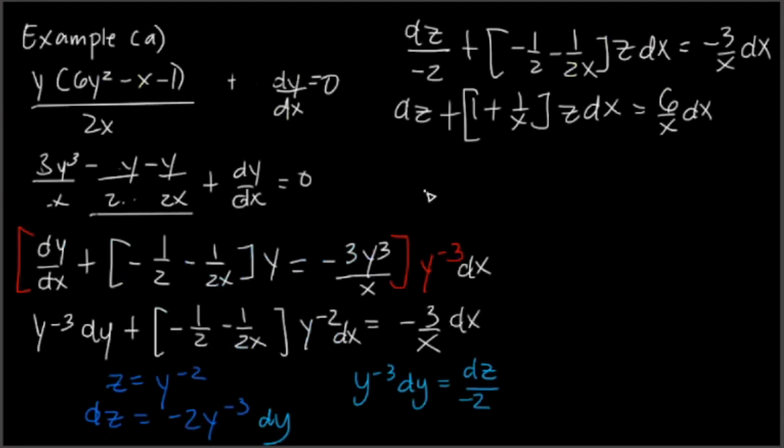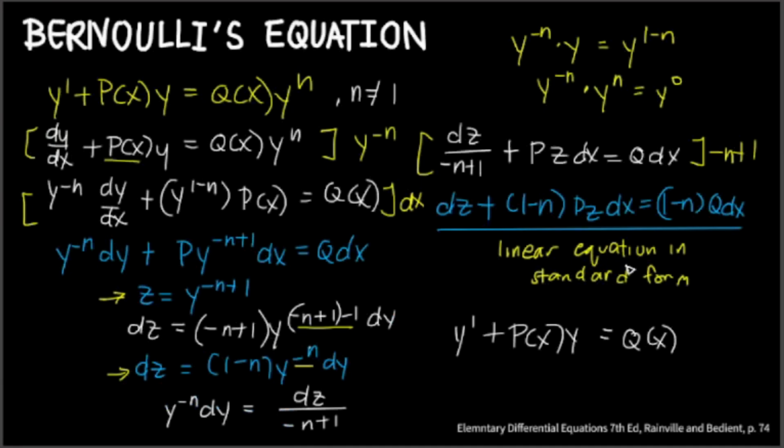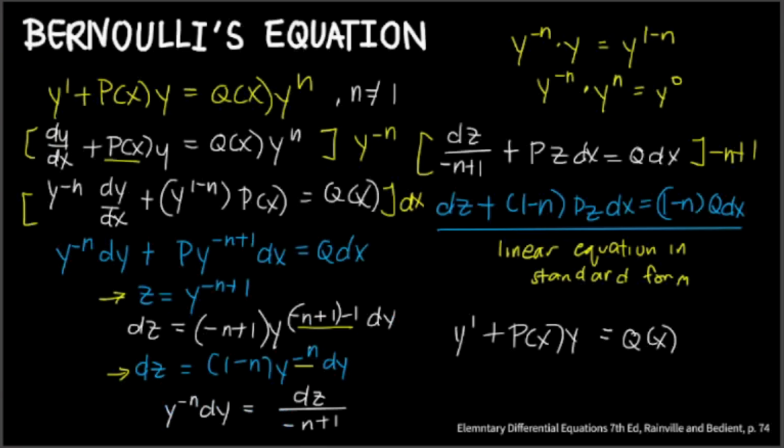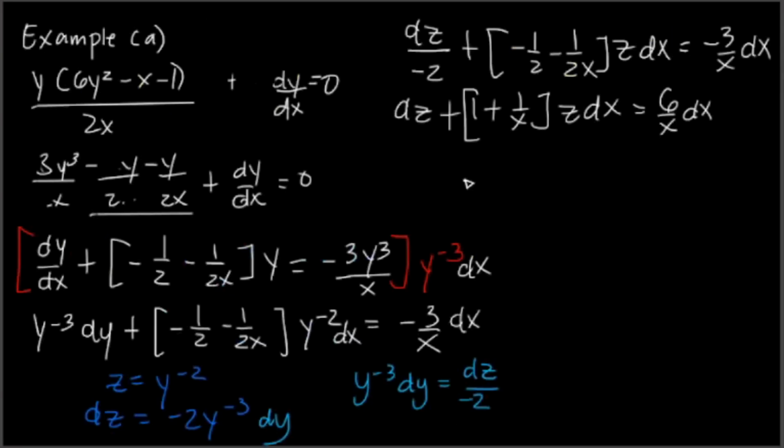So, next natin gawin is, since nasa standard form na siya, linear equation in standard form, pwede nating magamit sa linear equation of order 1 na formula. So, dapat i-turn natin to into this form. So, we're using the z and x variables.